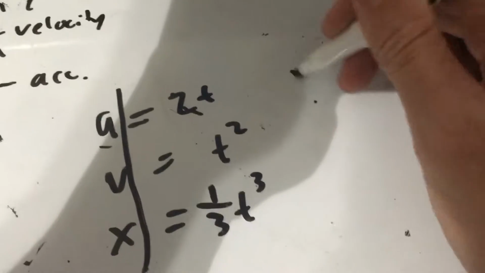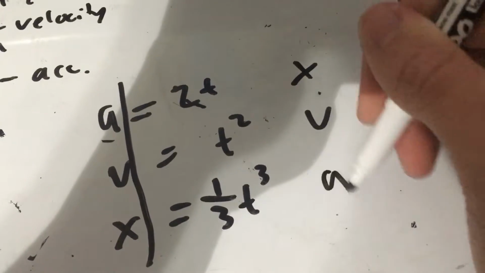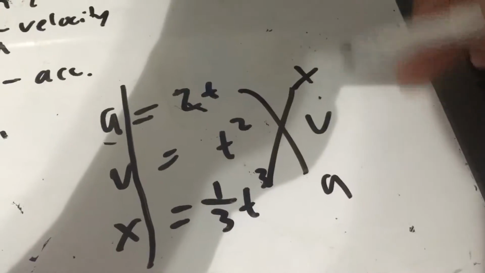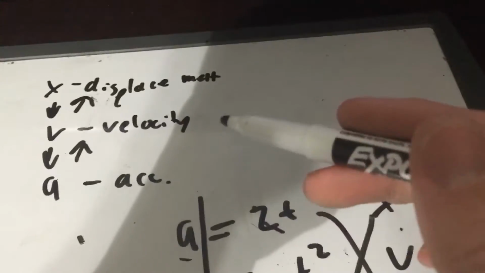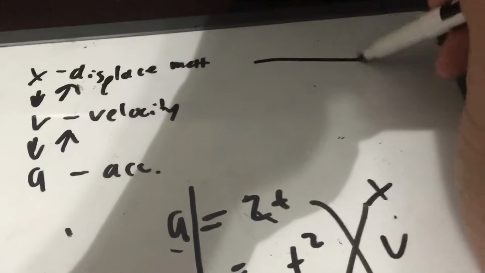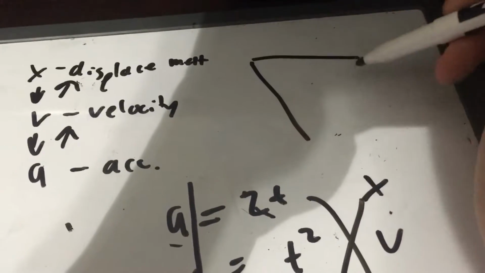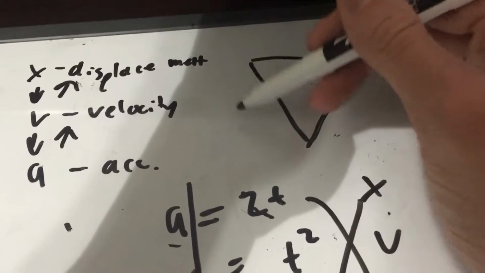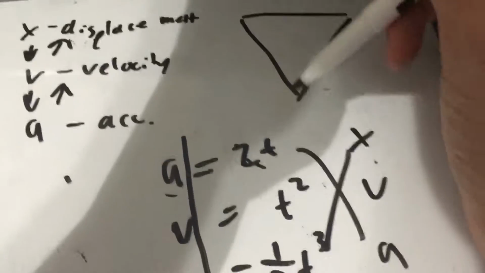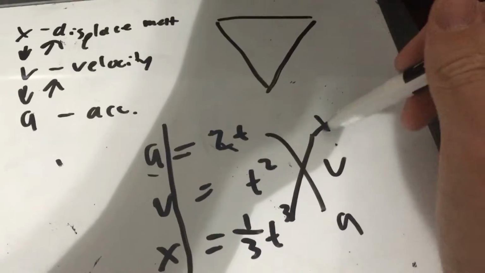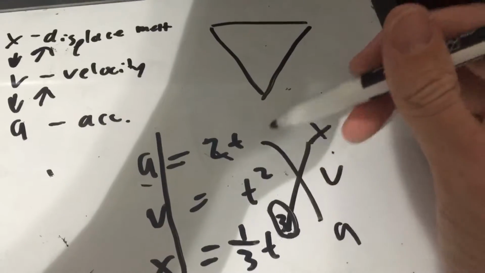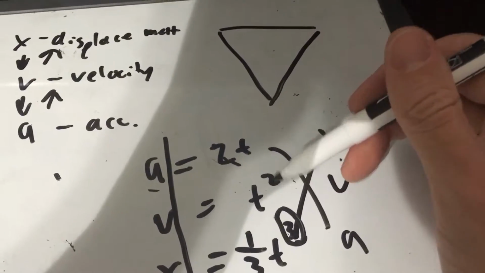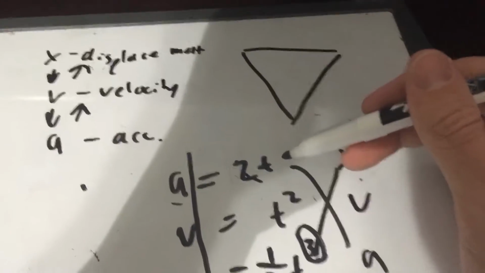So in actuality, if you did x, v, a, these two would switch. If you're looking at like a pyramid. Because in reality, this is just a pyramid where you have the largest functions down to the simplest functions. Because every time you go down the pyramid, you reduce the degree. Because if we're starting up here, the degree is a cubic function, whereas then it goes to a square function and then a linear function.